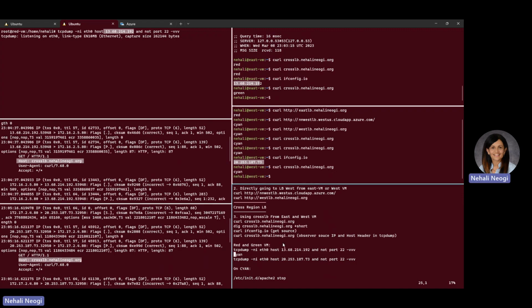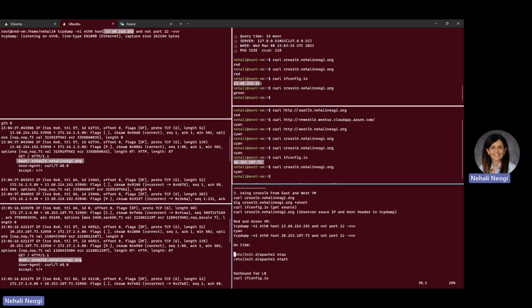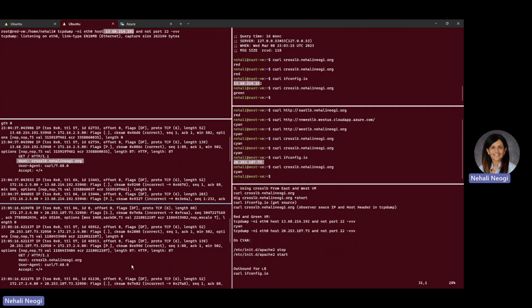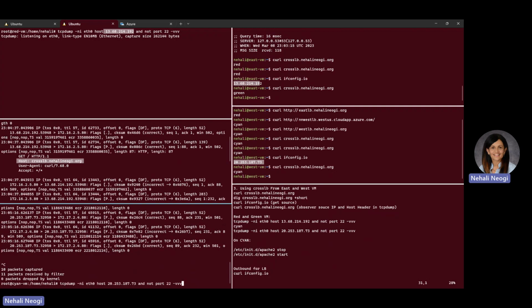So with that, let's go into the second half of the demo where we would actually turn off Apache on Cyan. So let's do an Apache stop on Cyan.